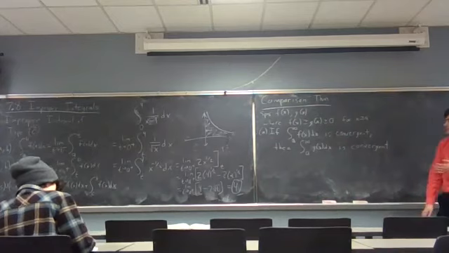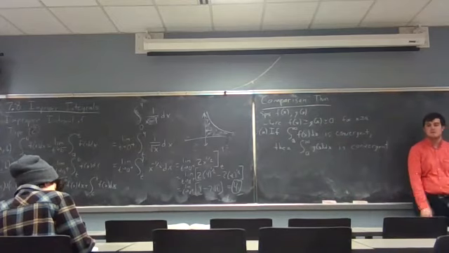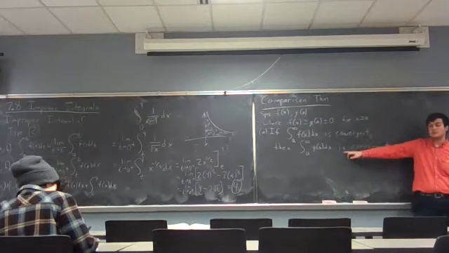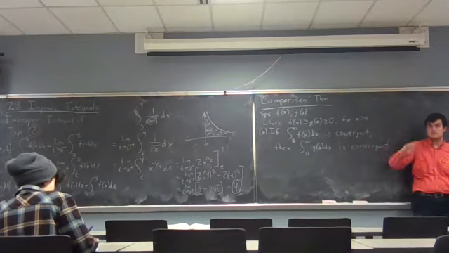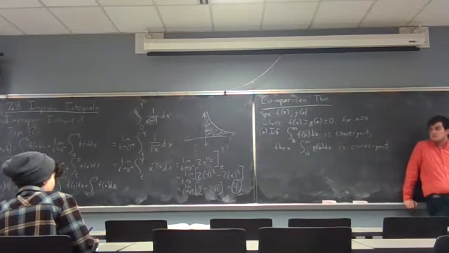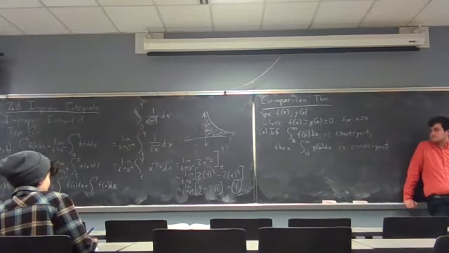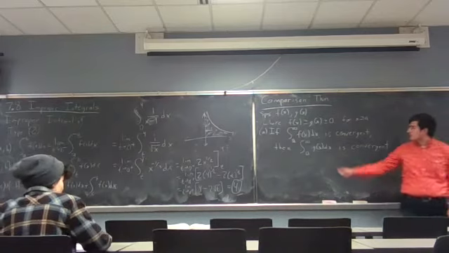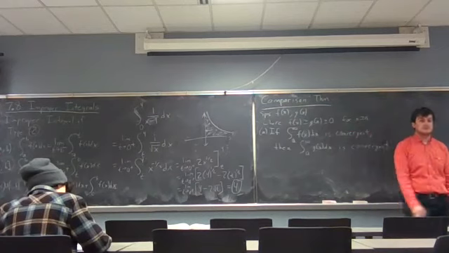Okay. Let's think about why this is. Why in the world would it be true that if I knew that this one would converge, then this one would also converge? Exactly. So it all lies in this f of x being greater than g of x here.